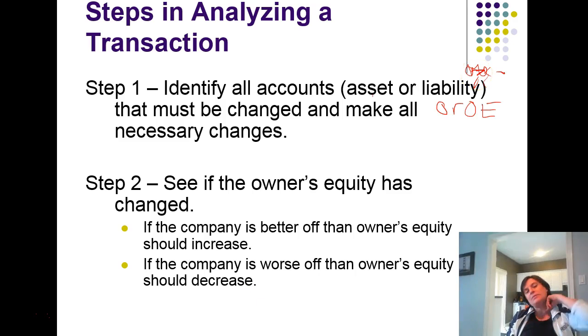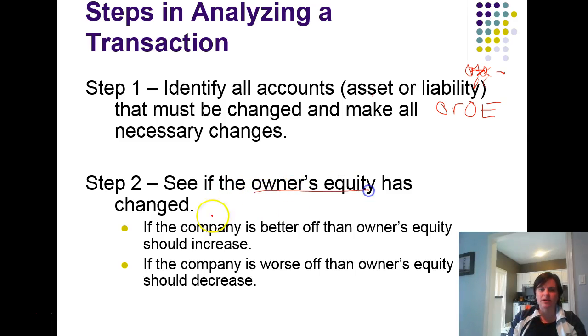Okay, so steps in analyzing a transaction. Step number 1 says that we must identify all the accounts that are impacted. These are going to be our assets or liabilities, the accounts that would be impacted by the transaction. Step number 2, we need to determine, has owner's equity changed?